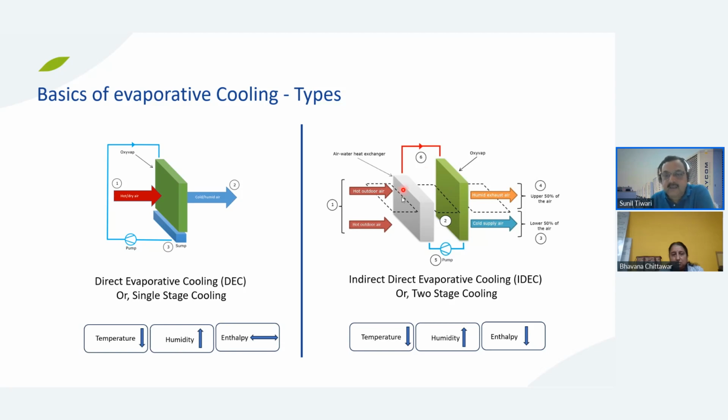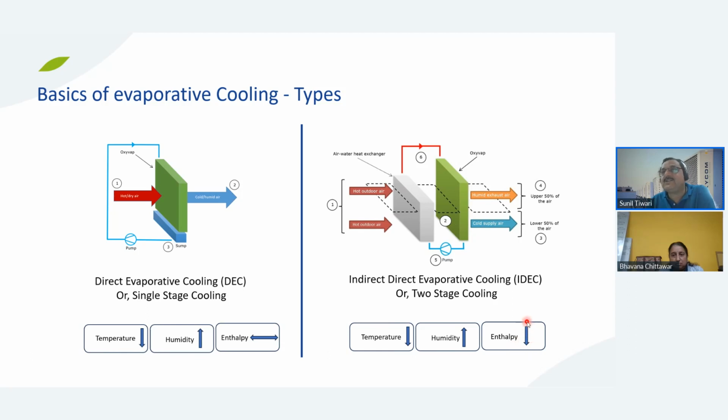Now, same way, if you compare in this process, when we cool the outdoor air with two stages and bring it out, we have reduced temperature. We have increased humidity, yes, less than this, but still in the second stage, some amount of humidity has been added. But here, since we have done the sensible cooling and reduced the total heat, overall from point 1 to point 3 and 4, what you see here, the enthalpy has come down.